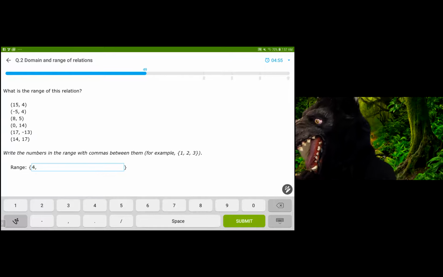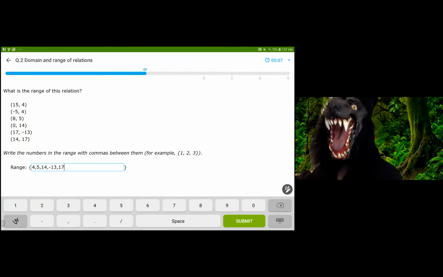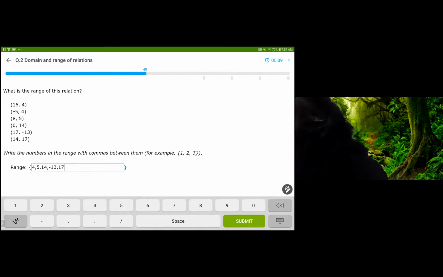A 5, a 14, a negative 13, and a 17. So hopefully that works for you. That looks like a range. I'm just going to double check my list to make sure I put my commas in there. I did. That looks good.